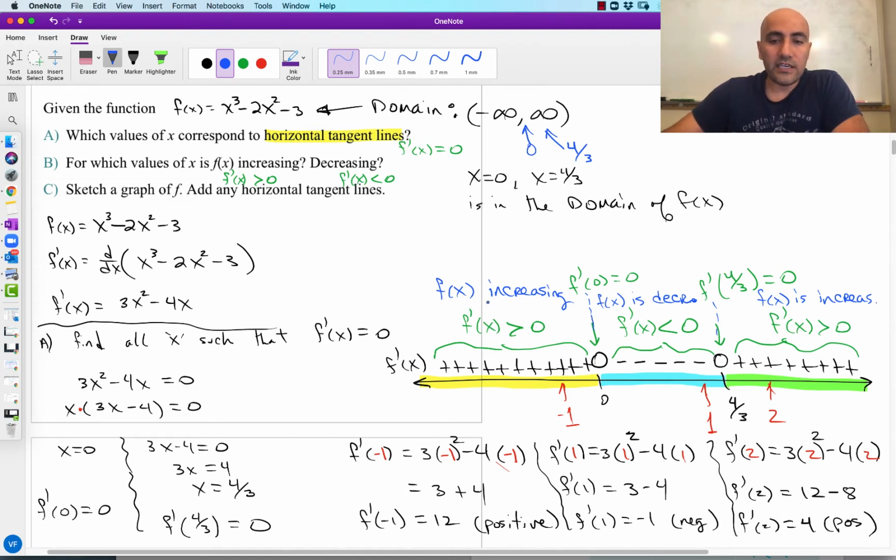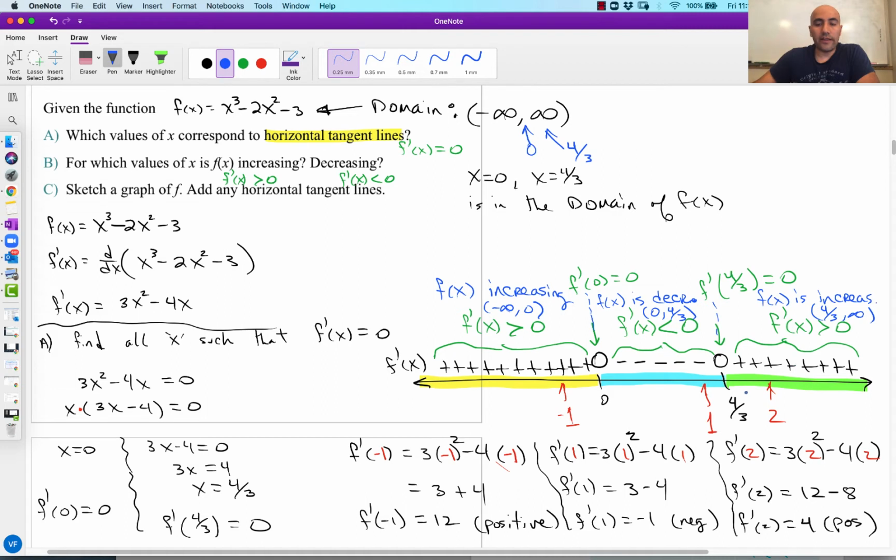So f of x is increasing from negative infinity up through 0. And then it equals 0 at 0. And then f of x is decreasing from 0, starting at 0, through 4/3. From 0 to 4/3, the function is decreasing. And f of x is increasing from 4/3 to infinity.